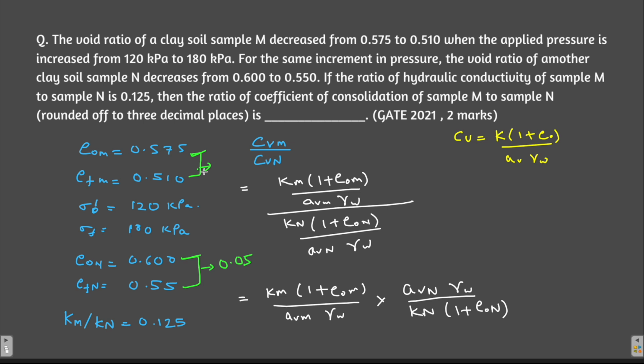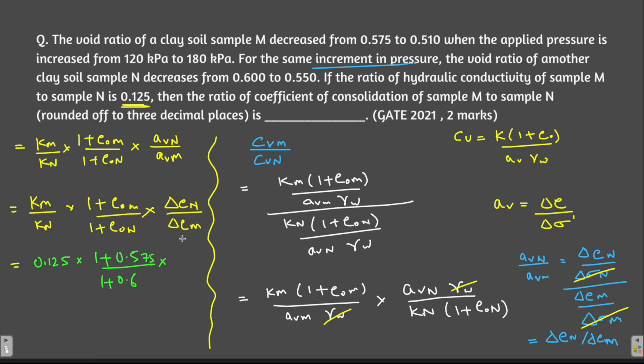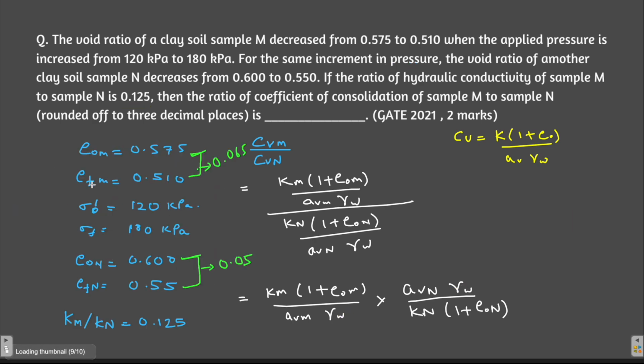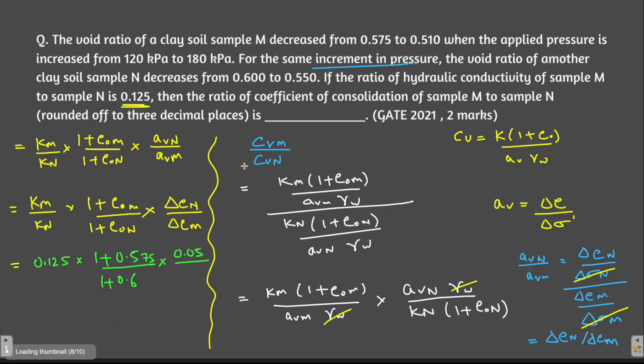So it is 0.065. So in place of delta en I'll be writing 0.05, and delta em is 0.065.